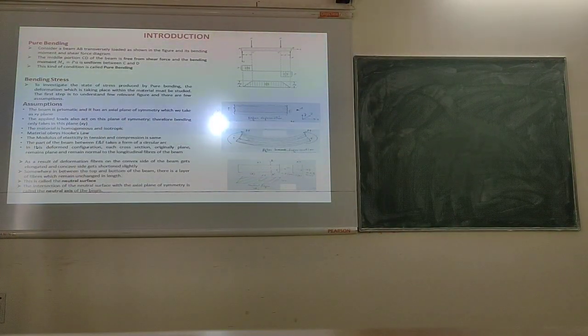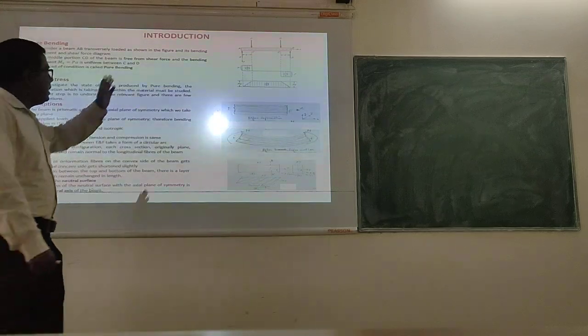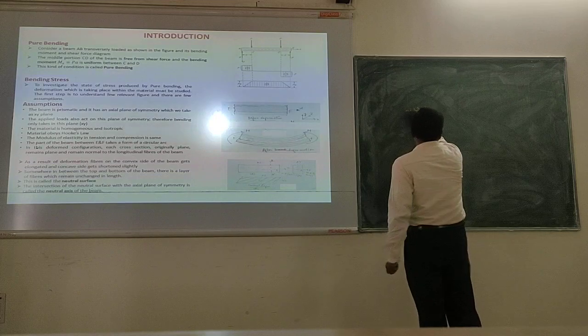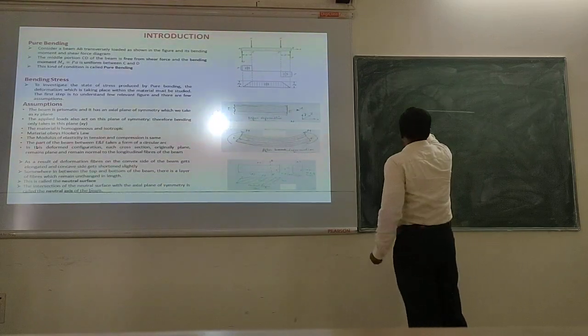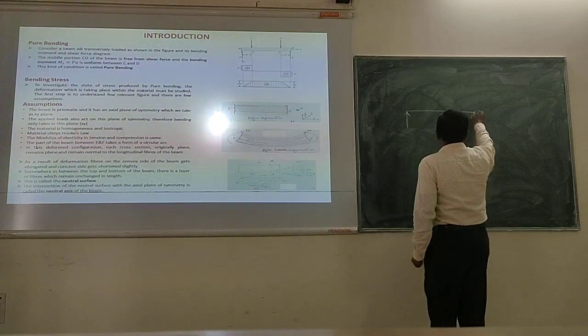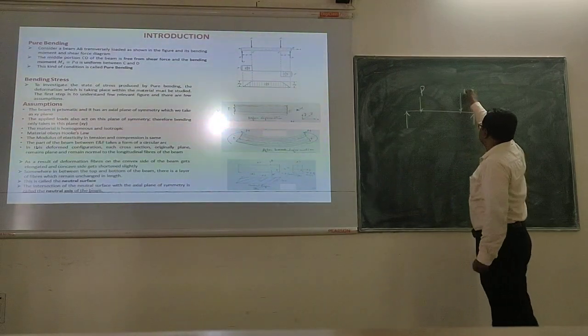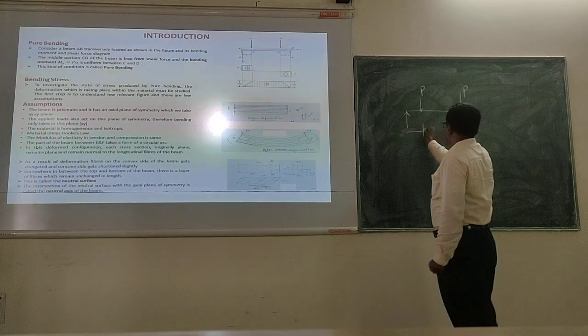And a typical pure bending condition, yesterday we have seen that if we take a simply supported beam, and at an equal distance two loads are placed, let's say at a distance A from both ends.